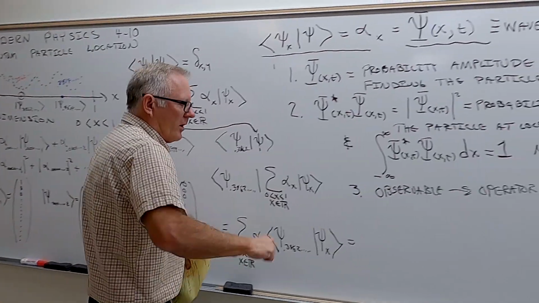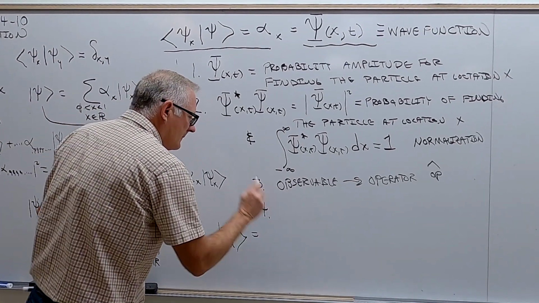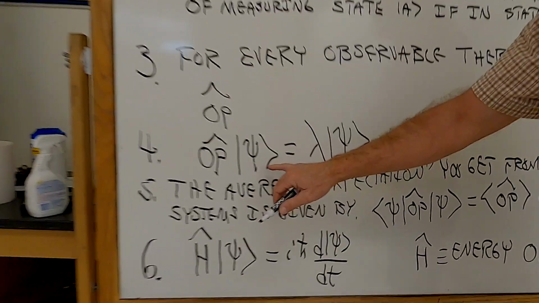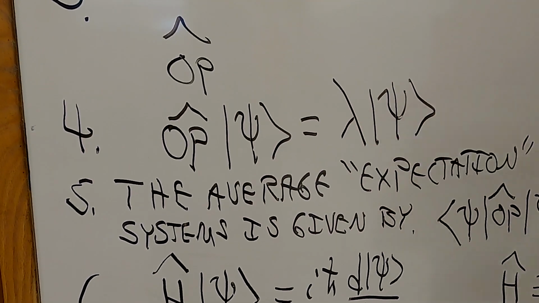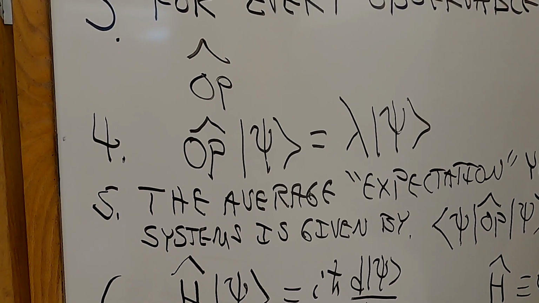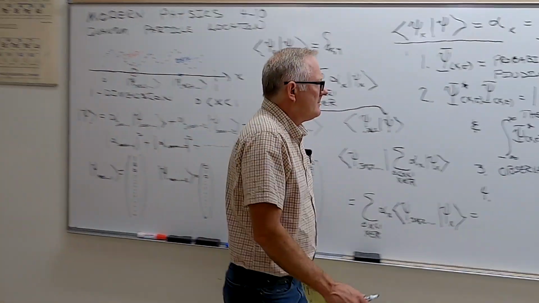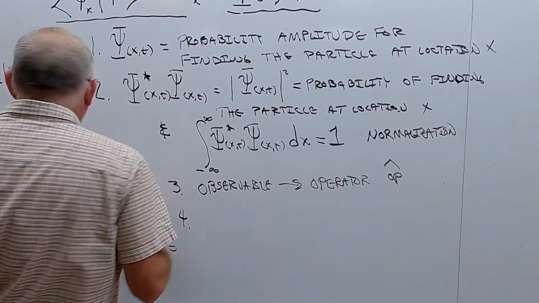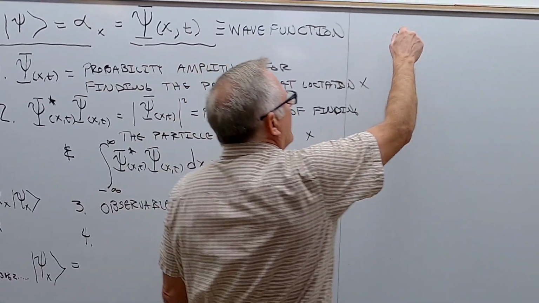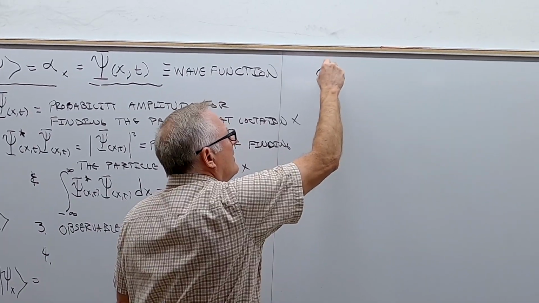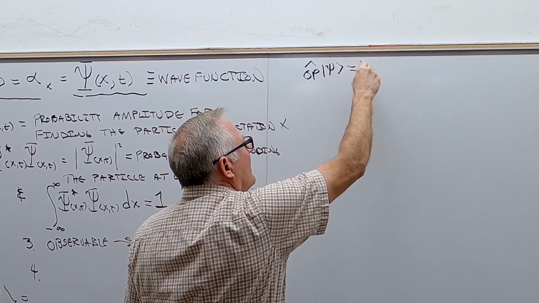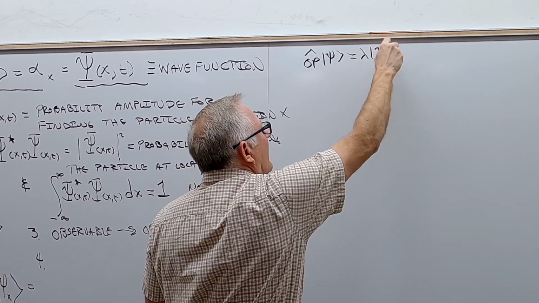Now number 4. What else did we have down here? When we operate on the state, we get lambda times our state back again. I'll write it up here. When we operated on our state psi, we got lambda times state psi.